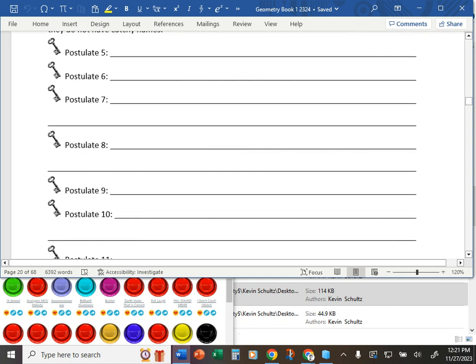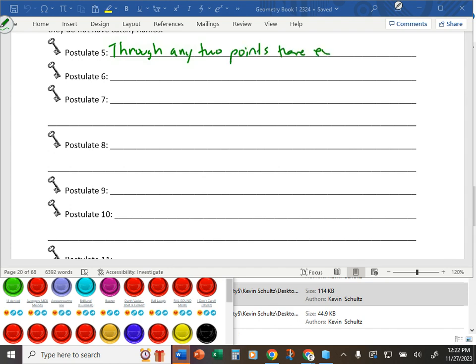But let's begin. Postulate 5 says that through any 2 points, there exists exactly one line.